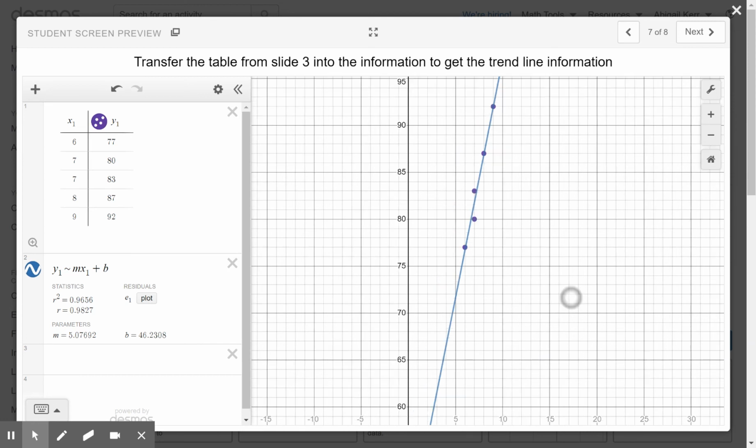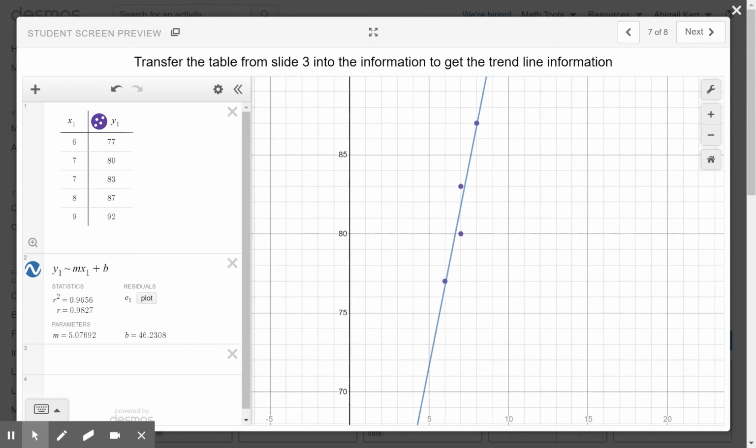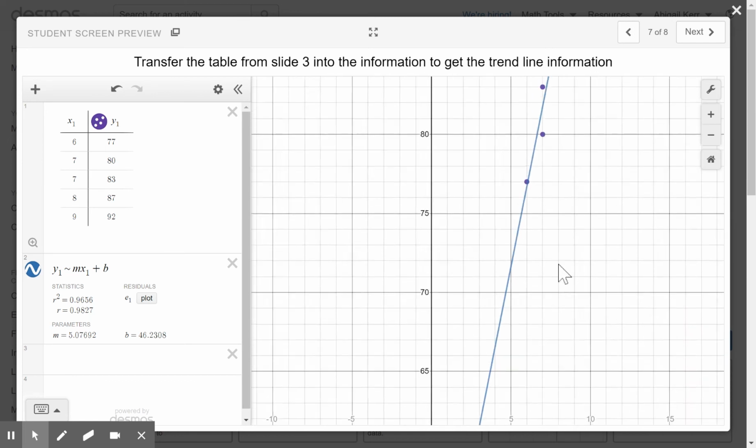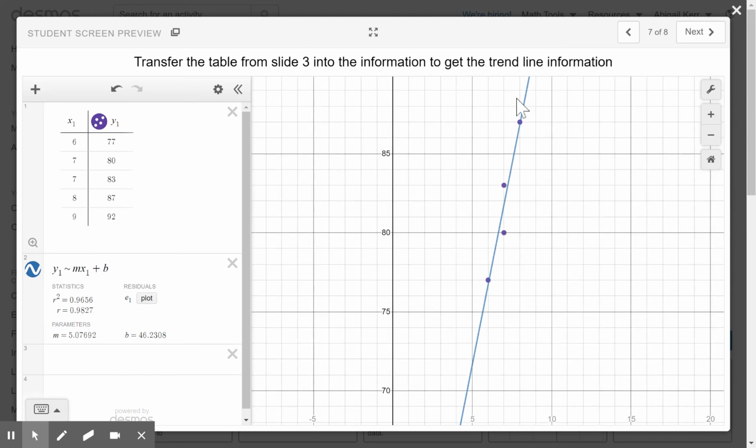So we got to go a little bit higher to see them. So once again, those points are very close to that line. That is why it's such a good line of best fit. So Desmos is doing it for us.